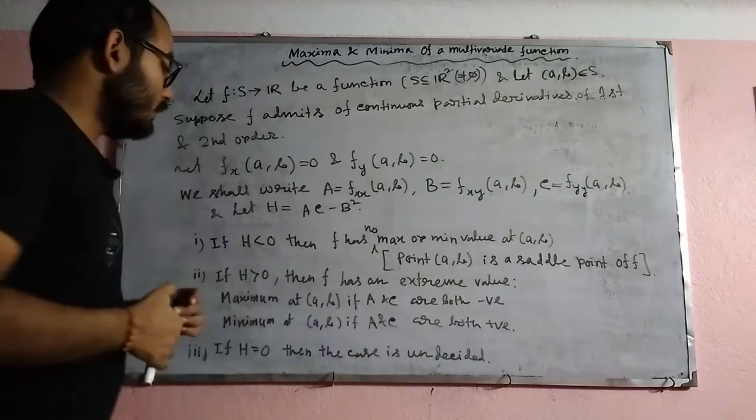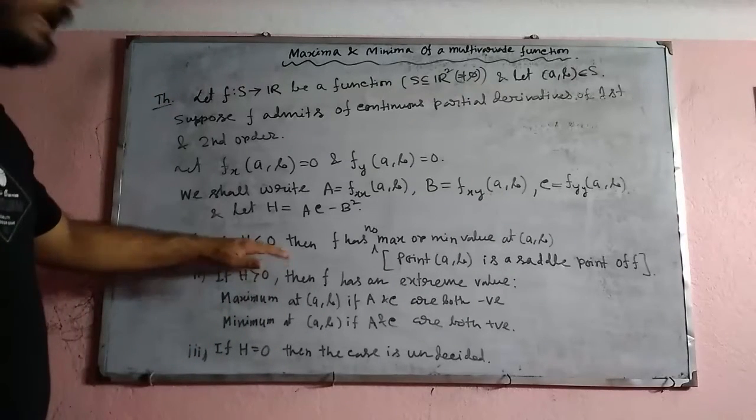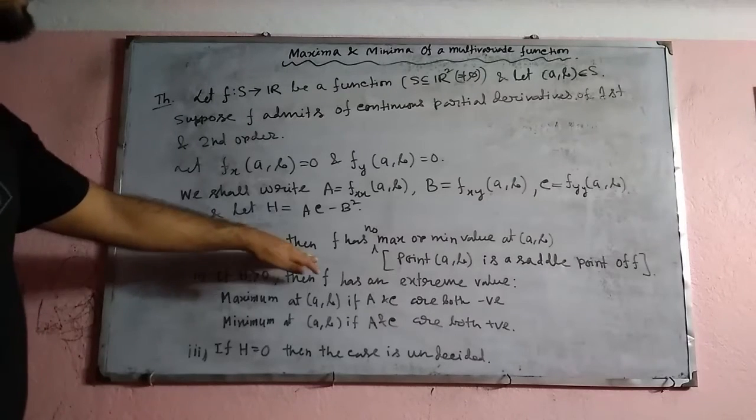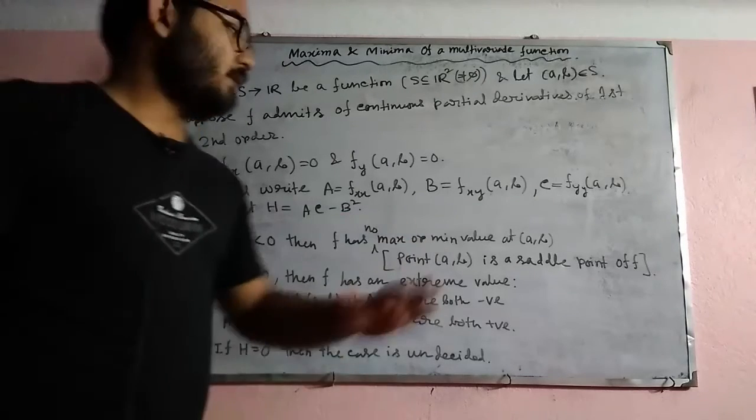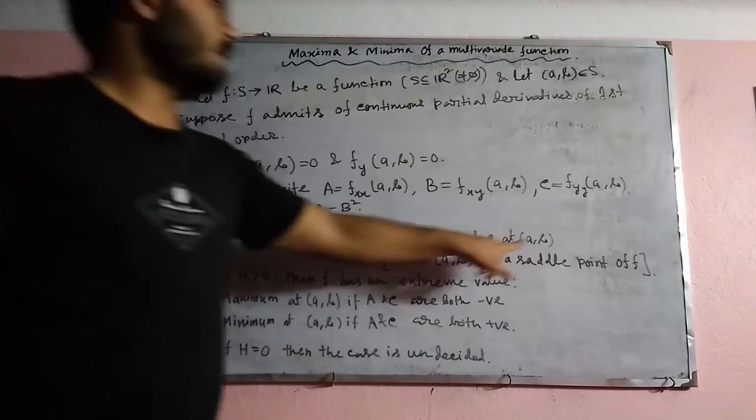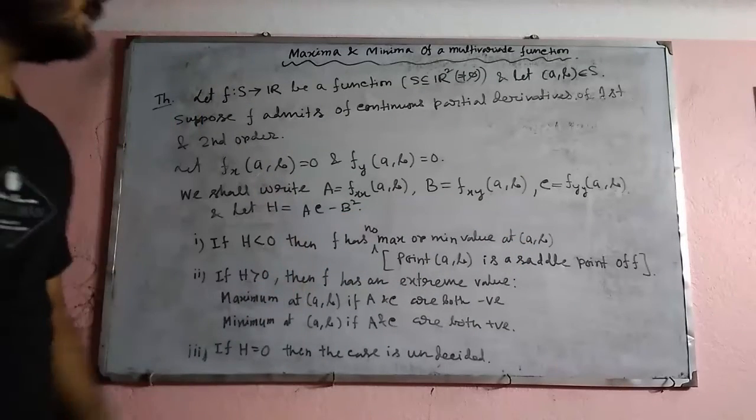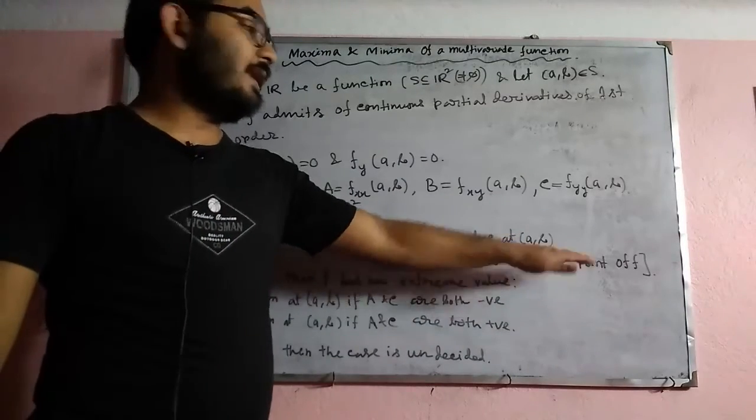That means if H is less than 0, then f has no max or min value at (a, b), and this point is called a saddle point of f.